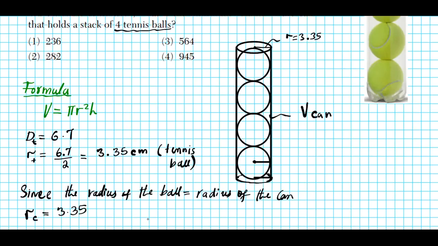What we know is that it's packed so tightly that the diameters of the four tennis balls just line up perfectly like that. You see that? So how many diameters do we have? We have a total of 4 diameters. The 4 diameters of the tennis balls basically is equal to the height of our can.